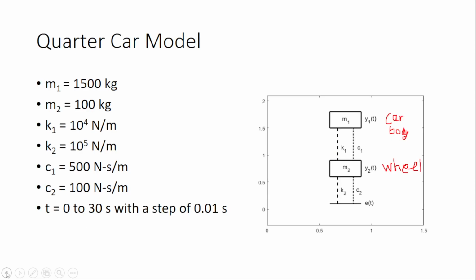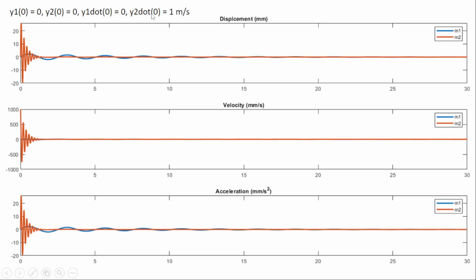Let us say the tire is subjected to a small impulse, which imparts an initial velocity to the mass m2, so y2 dot acquires an initial velocity of 1 meter per second. This is how the displacement, velocity and acceleration will look when it is subjected to this kind of an impulse.